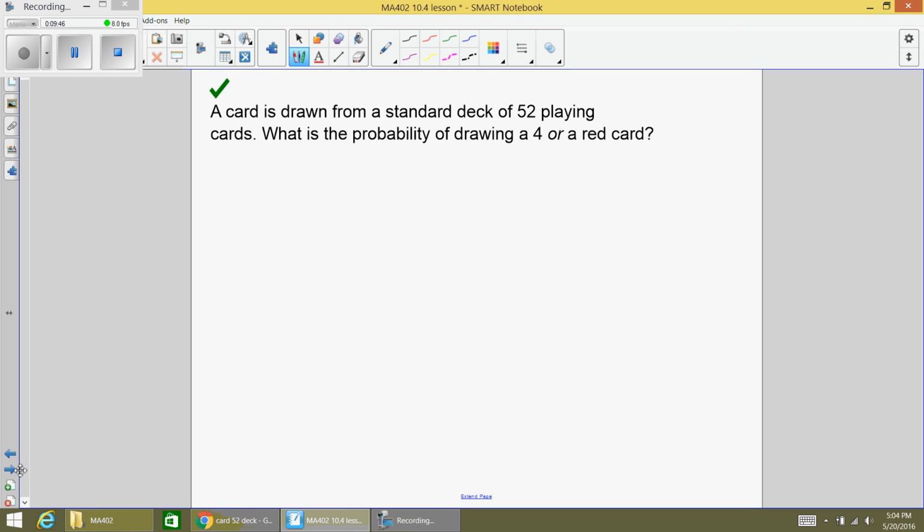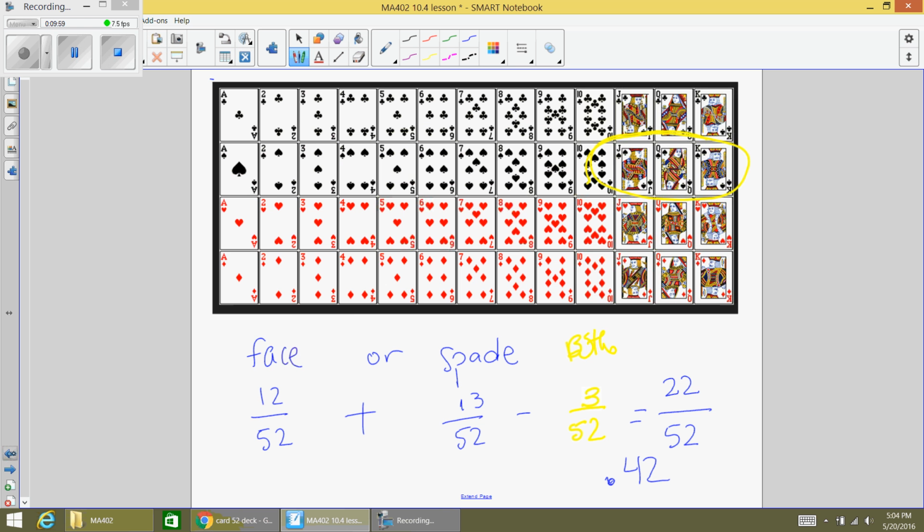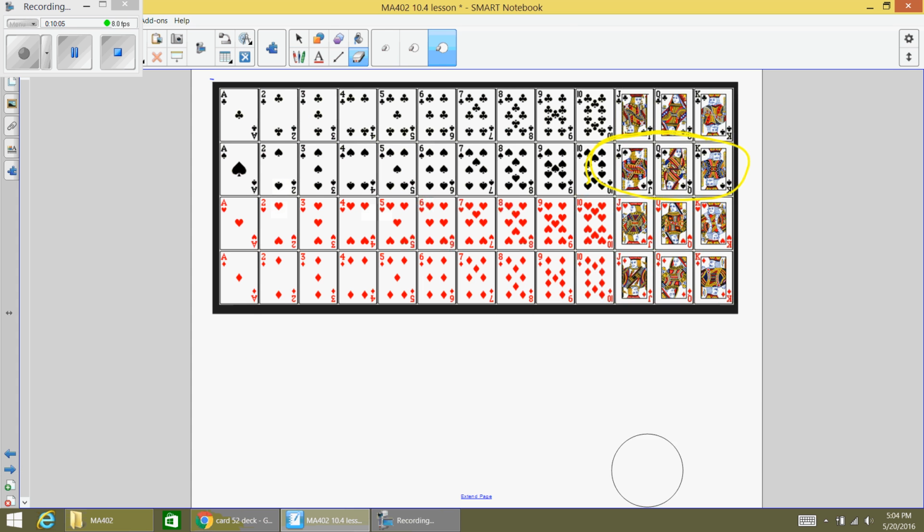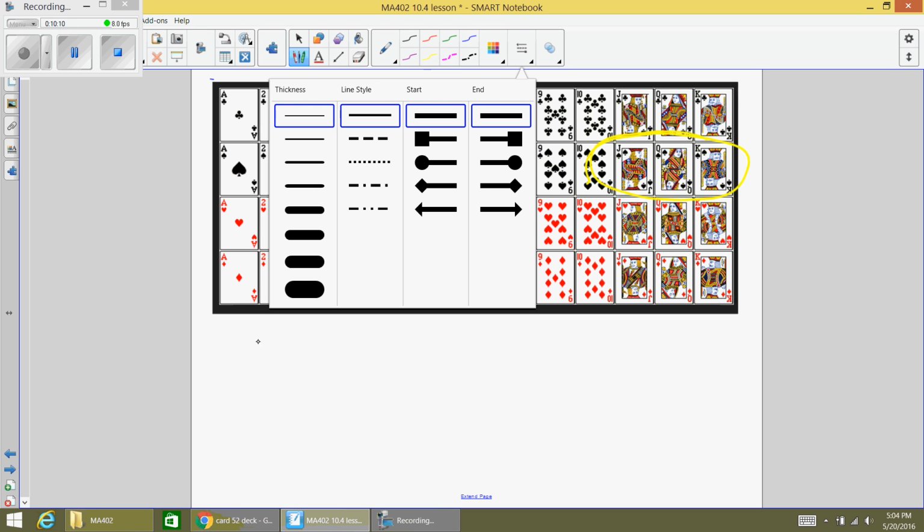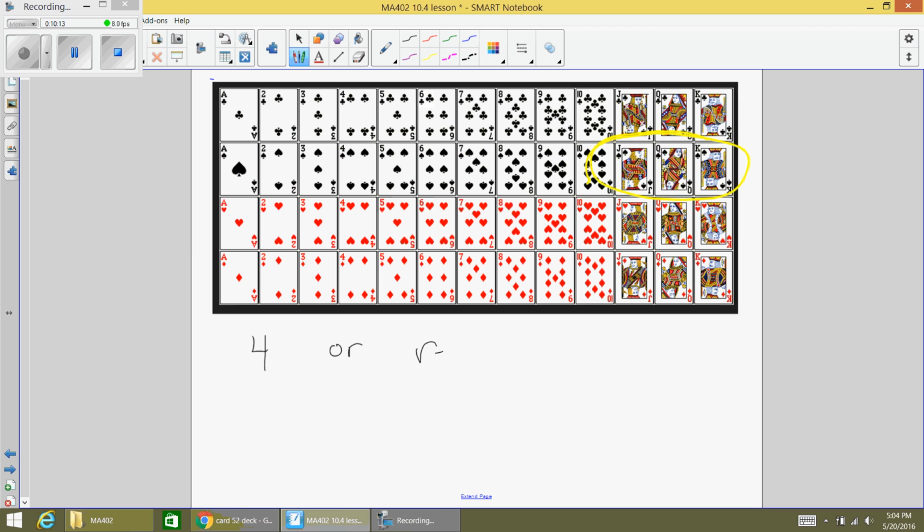Okay, a card is drawn from a standard deck of 52 playing cards. What is the probability of drawing a 4 or a red? Okay, a 4 or a red. I'm going to go back to my deck. I'm looking for a 4 or a red. Okay, well, how many red cards are there? There are 26 red cards.